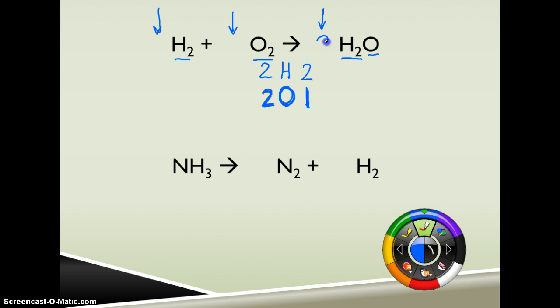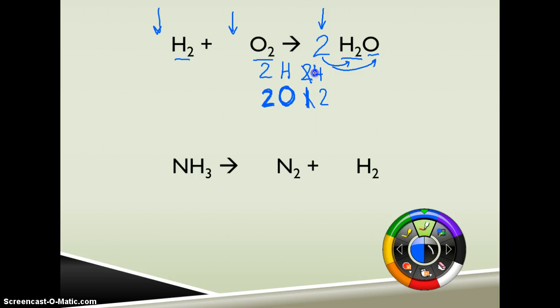So if we put a 2 for our coefficient, this 2 is going to multiply by both of these subscripts. So now this makes 4 hydrogen over here and 2 oxygen. So our oxygen is equal on both sides now, but our hydrogen count got off.